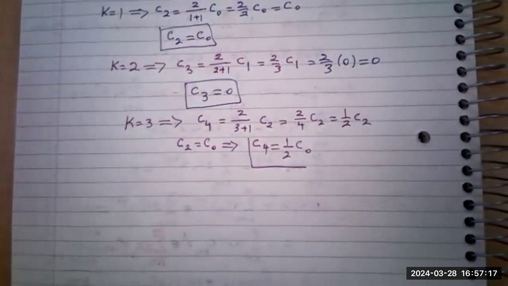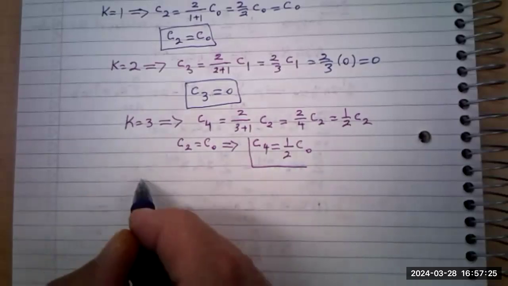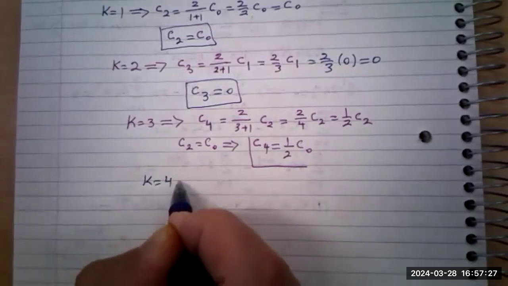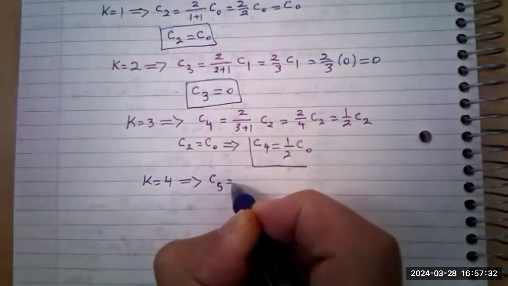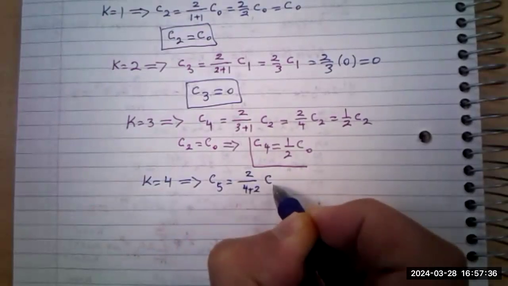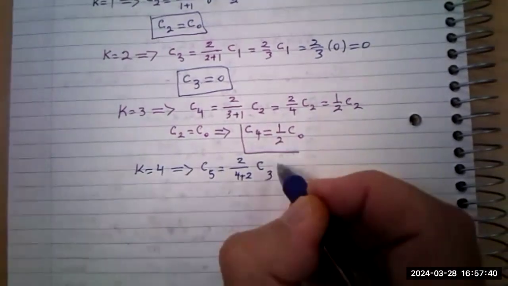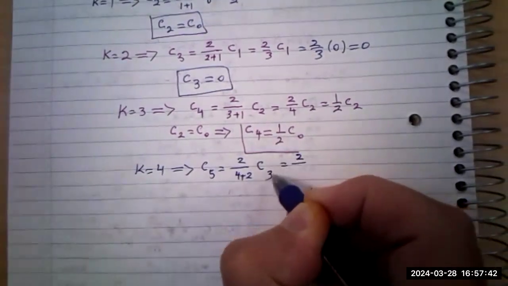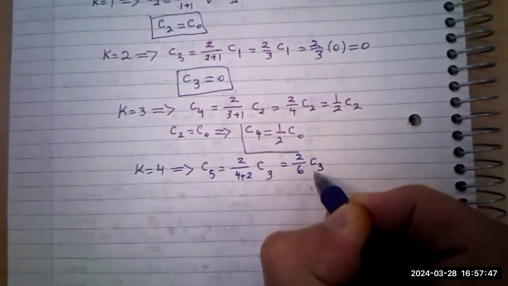Let's try one more. The idea is that we can then write it down. We usually go up to 5, then we check to see if it's going to be something nice. So k equal to 4. Going back, that gives you C5 is equal to 2 over 4 plus 2 times C3, that gives you 2 over 6 times C3.